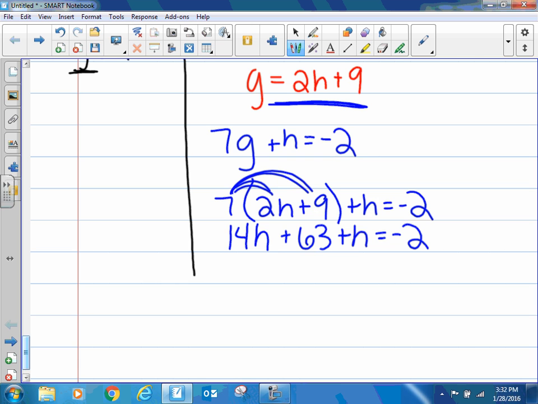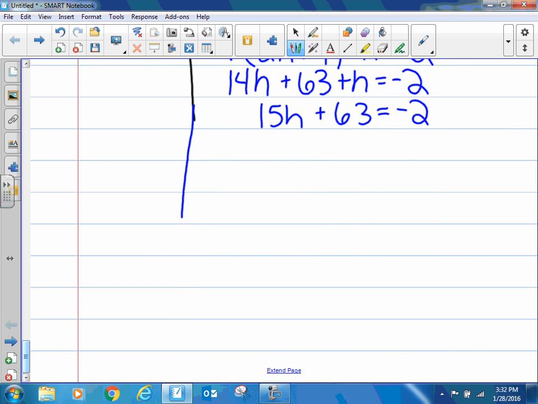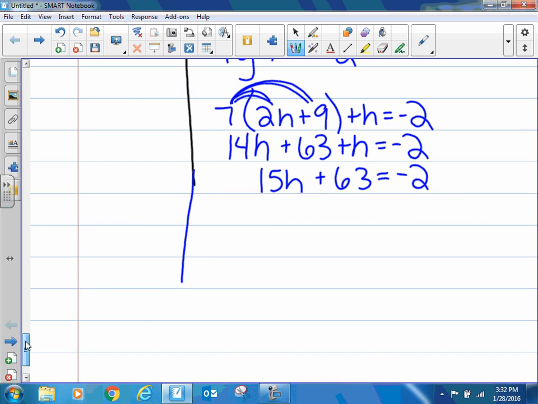And now I just have to combine my terms. 14h plus 1h is 15h plus 63 equals negative 2. And then I subtract 63.